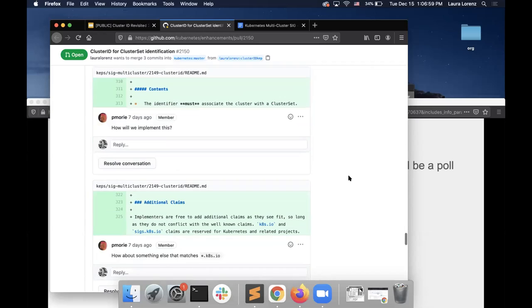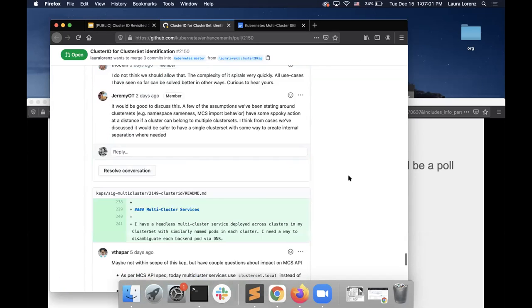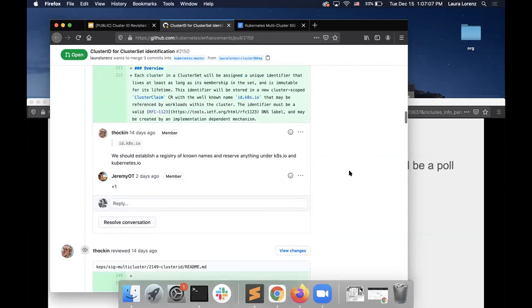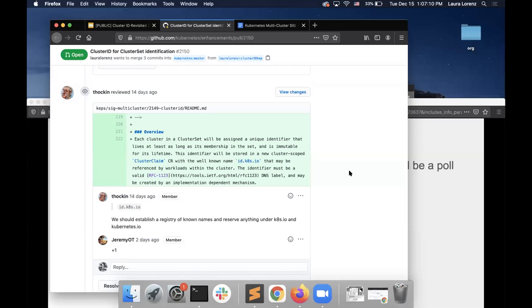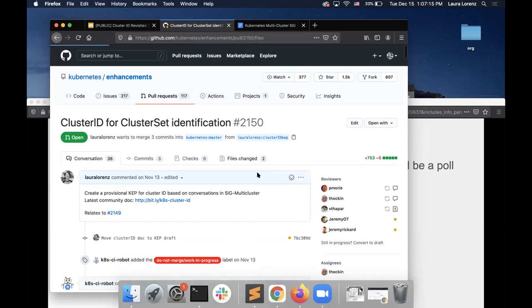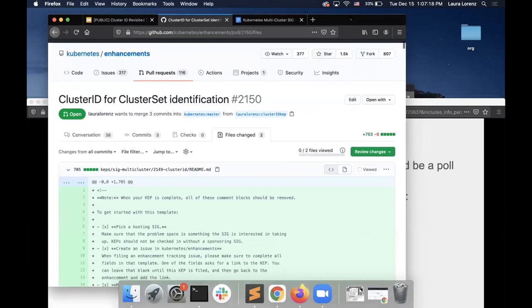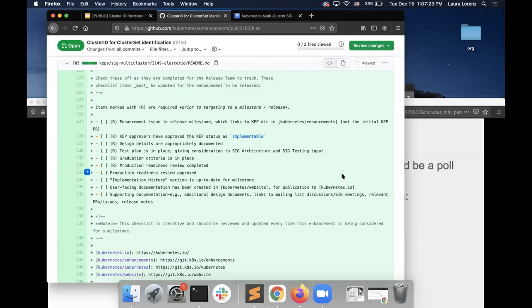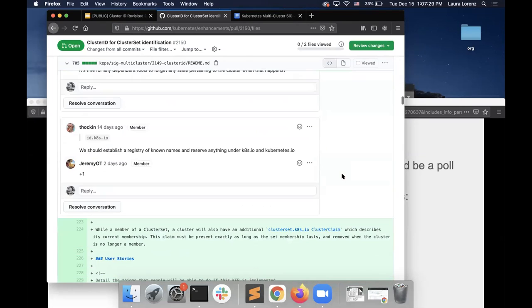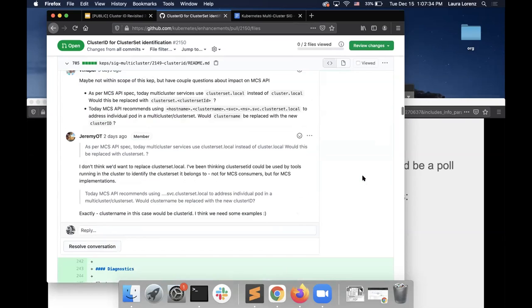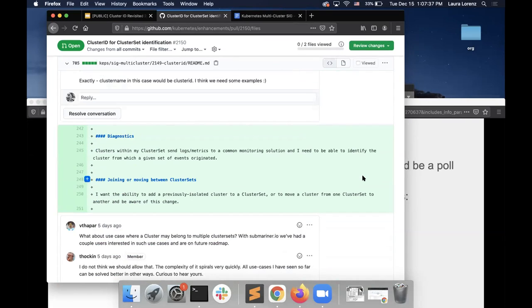I think my summary would be a fact about the cluster that is probably related to identity, but I don't know that that necessarily will always be true, but some kind of global fact about the cluster. Yeah, and right now the facts of interest are what is this cluster's name and what cluster set is this cluster in. Those are the two things that we're tracking, but presumably it could be more things. Yeah, those are two different facts.